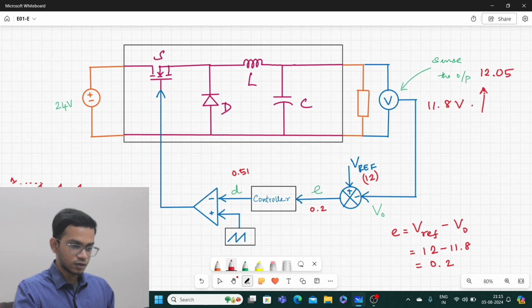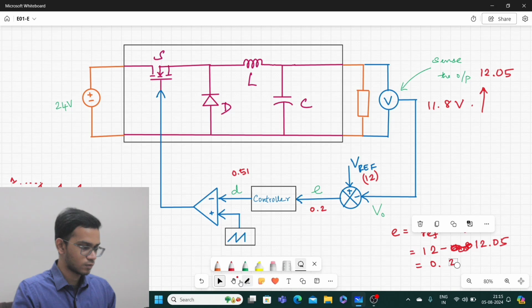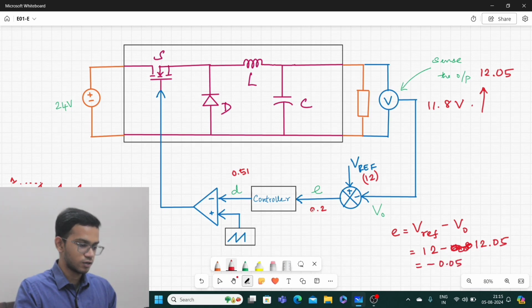Now, the error computed here will be negative. Why? Because this 12.05 will come here and this 11.8 is no longer 11.8, it is 12.05. And this 0.2 will change to minus 0.05. Now you have a negative error here.